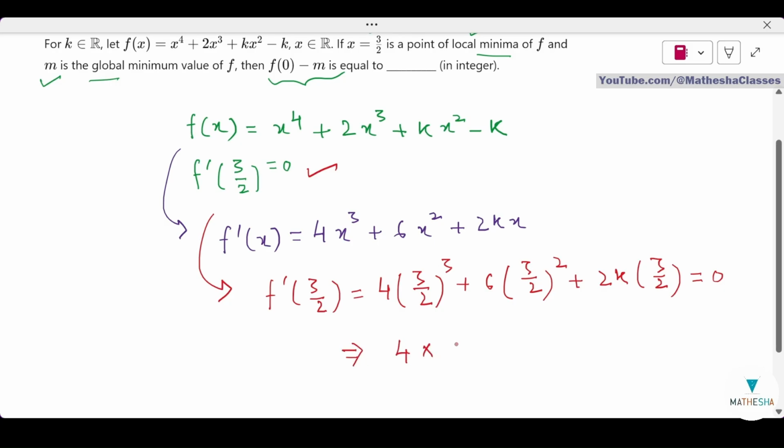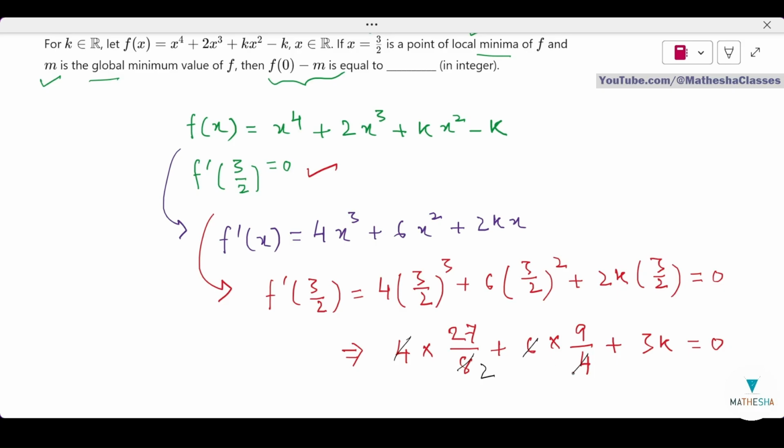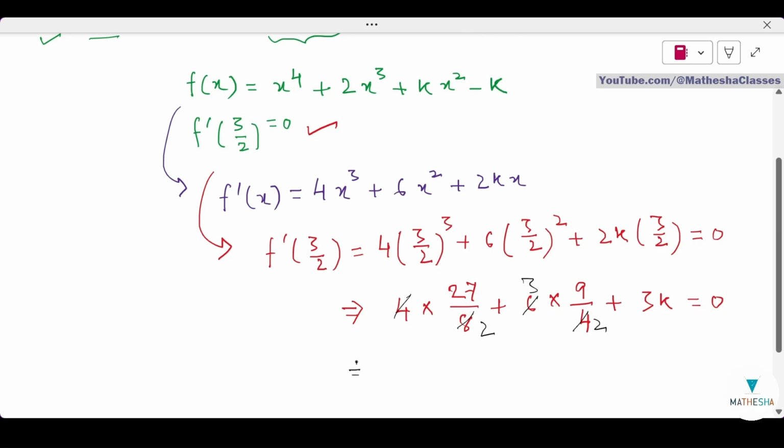This is 4 into (3 by 2) cube, which is 27 by 2, plus 6 into (3 by 2) square, which is 27 by 2 once again, plus 3k is equal to 0.